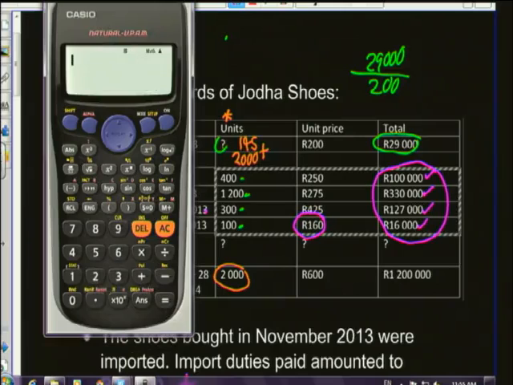So at the beginning of the year, I've got 145 units. I then purchased a further 2,000 units. So at this point in time, I've got 2,145 units. Did I return any units? Remember, we came across returns.